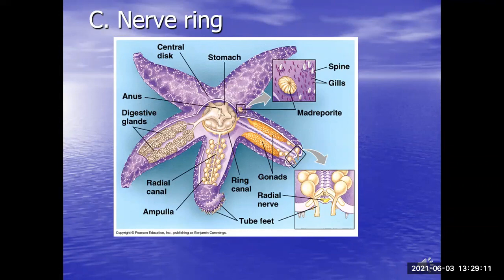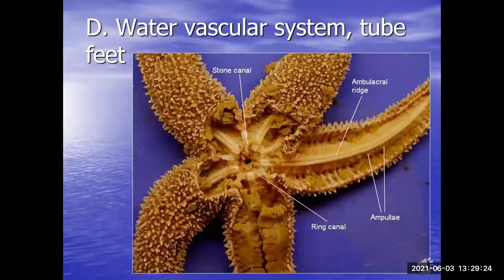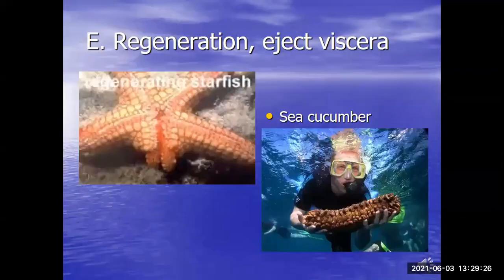It's throwing its internal organs at you because it can make some new ones anyway. So here, take my organs, leave me alone. Just like the lizard with the tail. When you scare a lizard and the tail drops off, well here you scare a sea cucumber and its internal organs drop off. And they stick to you and it's icky. So the sea cucumber will eject the viscera.